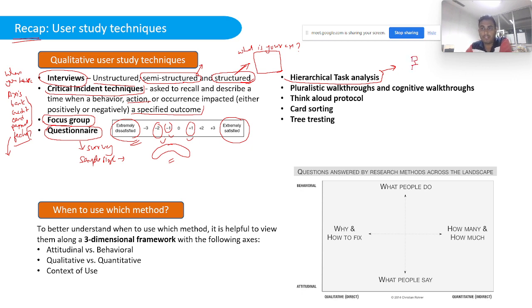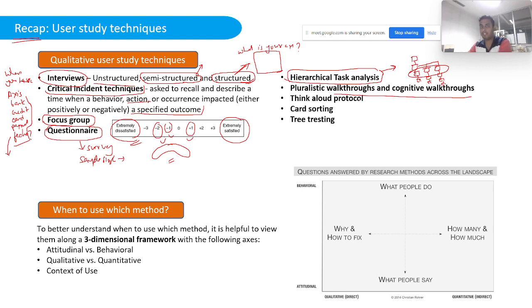For example, if we ask someone to buy a movie ticket, you can break down the task into individual initial goals, and those individual goals can have further subtasks. This hierarchy of task analysis is what we are looking for in a hierarchical task analysis user study. Then we discussed workflows, which are of two kinds: pluralistic and cognitive.